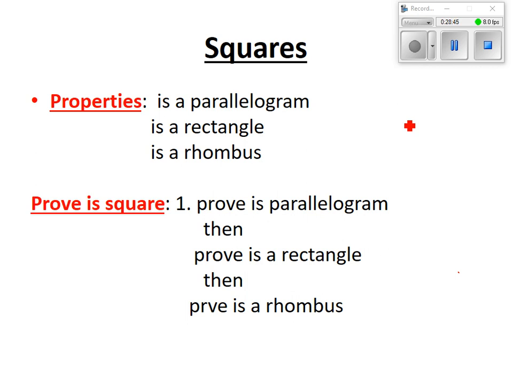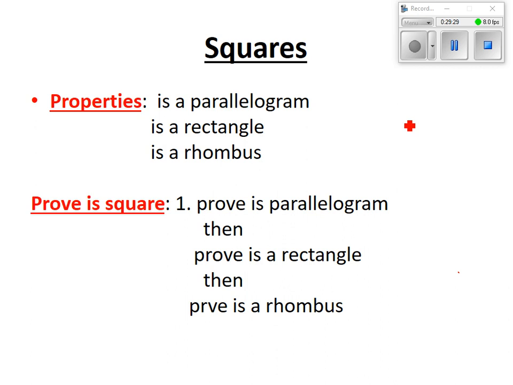A square. For a shape to be a square, it's got to be a parallelogram, it's got to be a rectangle, and it's got to be a rhombus. We'll probably go back over this at some point, but if we start off with a quadrilateral, the next shape you could have is a parallelogram.